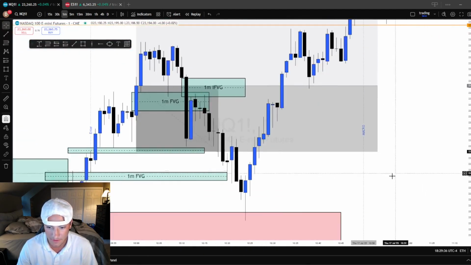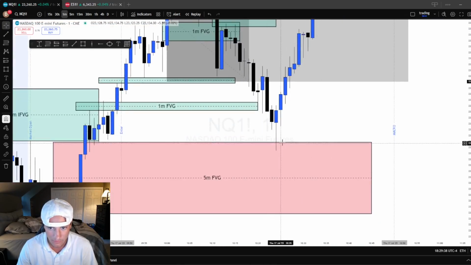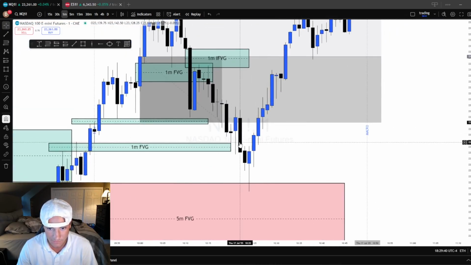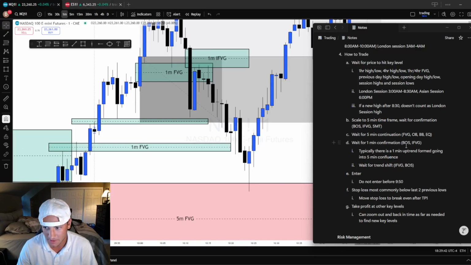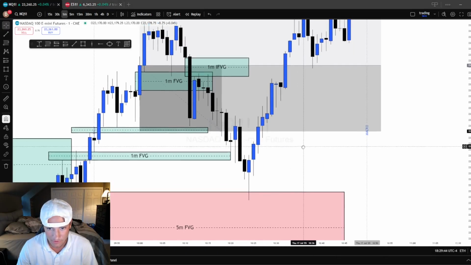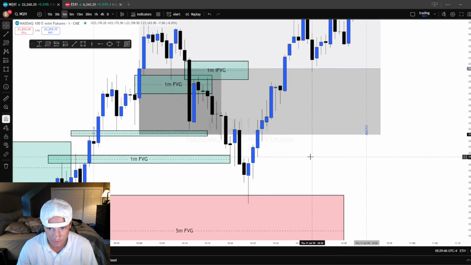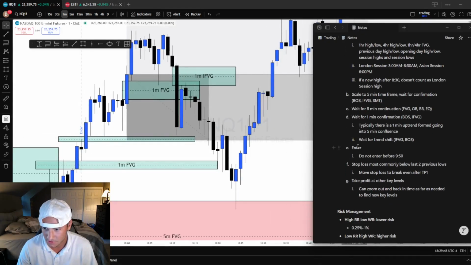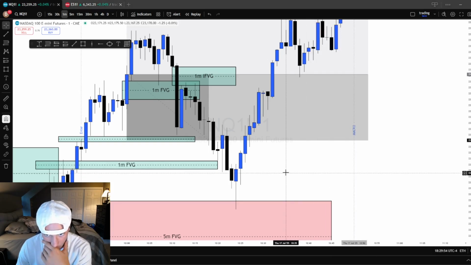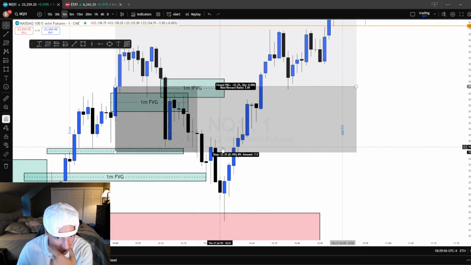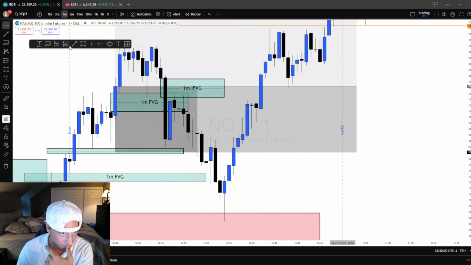Okay, came down, hit our 5-minute fair value gap. Not looking like we're getting an inverse fair value gap, but here we would have gotten a break of structure. Wait for 1-minute confirmation. Yeah, so we would have gotten a break of structure right here.